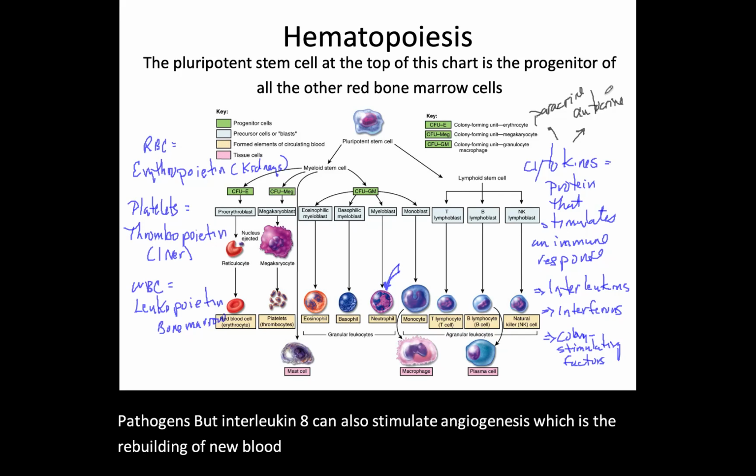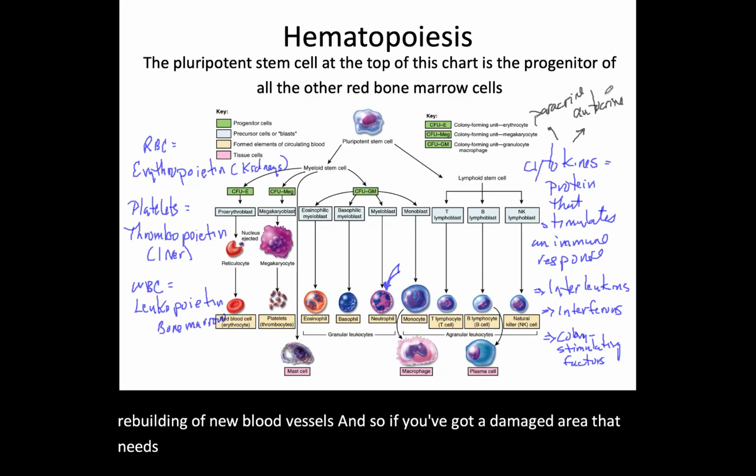And so if you've got a damaged area that needs new vascularization, interleukin 8 will stimulate that angiogenesis, that production of new blood vessels.